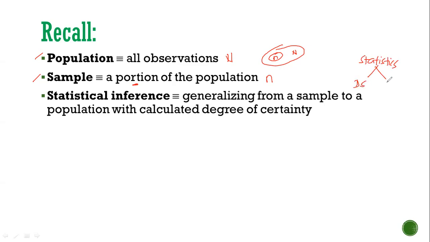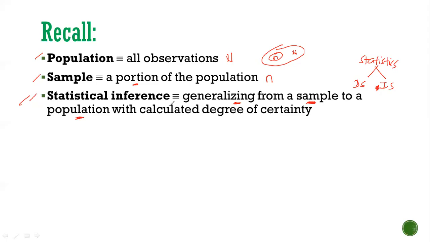We have your descriptive statistics and of course your inferential statistics. Your inferential statistics is the same as your statistical inference, wherein you had studied a sample, you generalized something that is applicable to your population. Okay, so that's statistical inference.